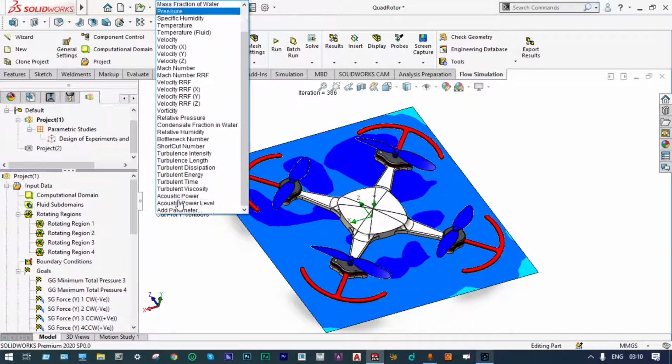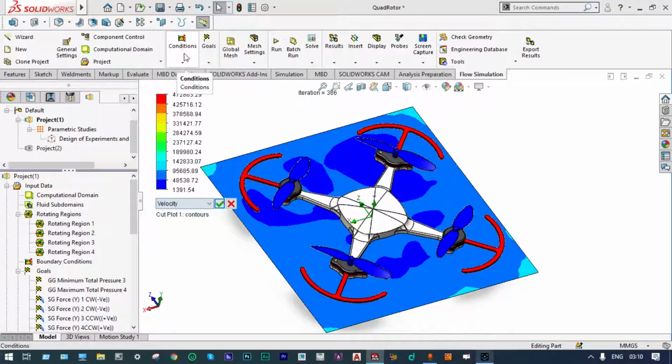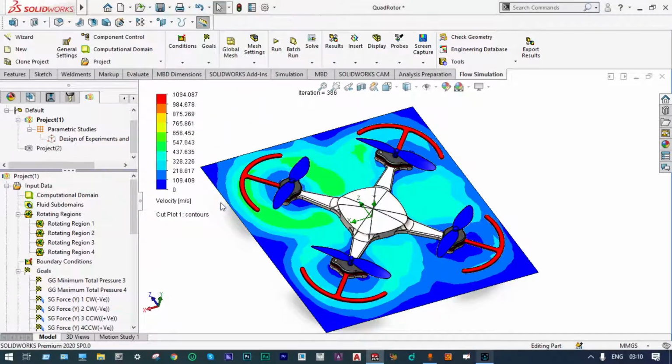Let us see the velocity also. Velocity near the blade is high. You can see it is in the range of 547 meters per second approximately. And you can see different ranges are there. You can see it in the form of animation.